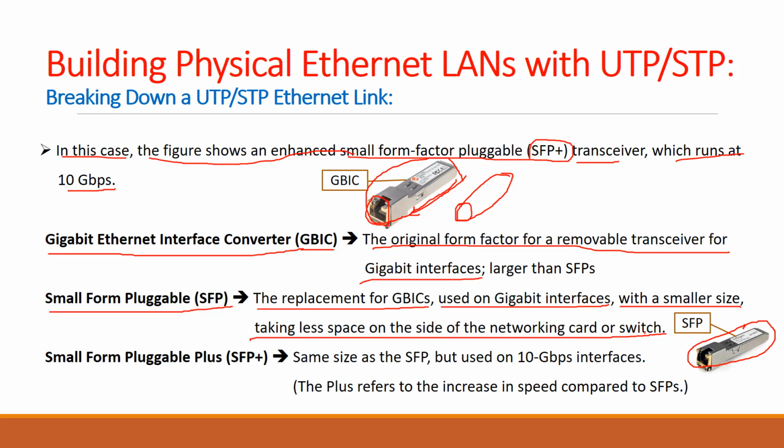These GBICs or SFPs are removable, and you can change them based on your requirement. The last one is small form factor pluggable plus, the same size as the SFP, but used on 10 gigabit per second interfaces.